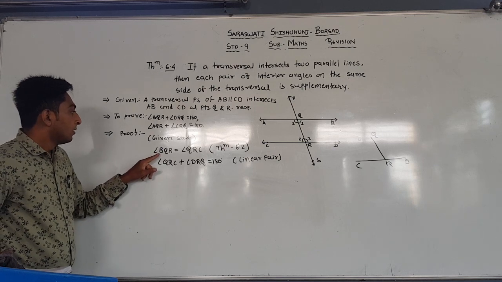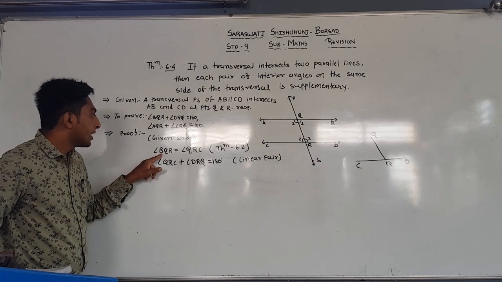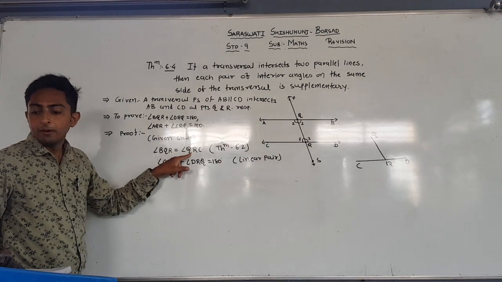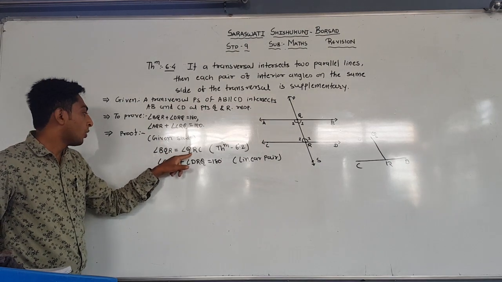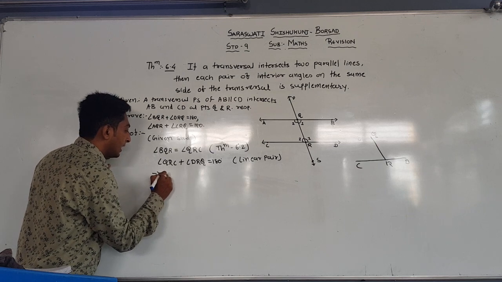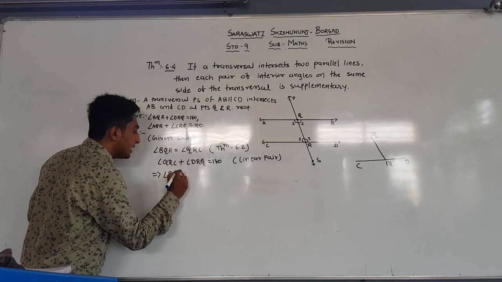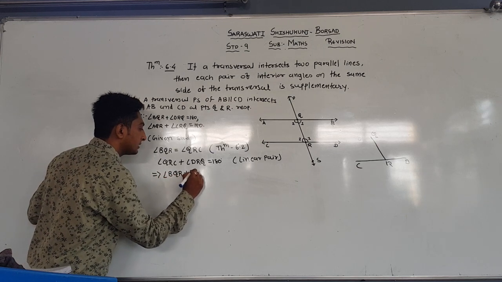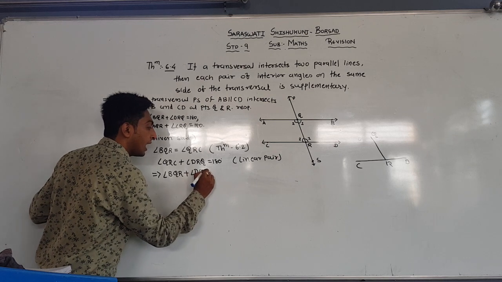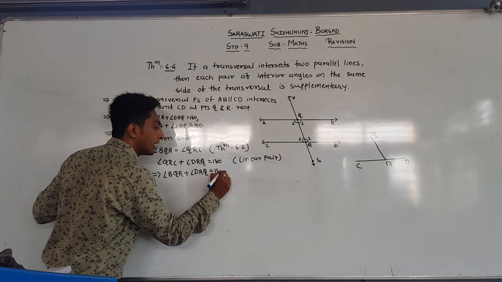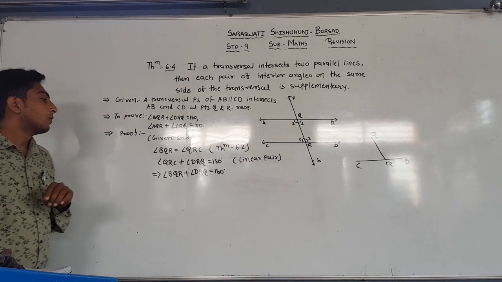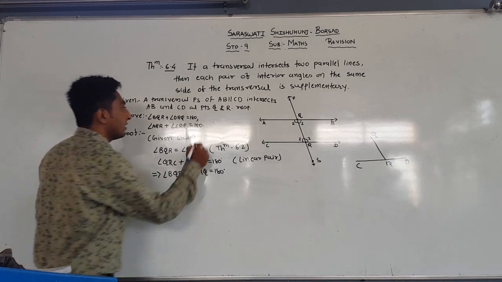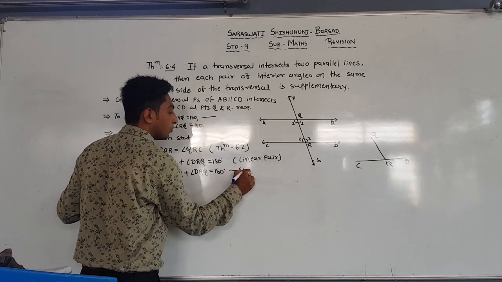But I have already proven that BQR equal to QRC. So can I write here angle BQR plus angle DRQ equal to 180 degrees? This is our first one that we have to do.